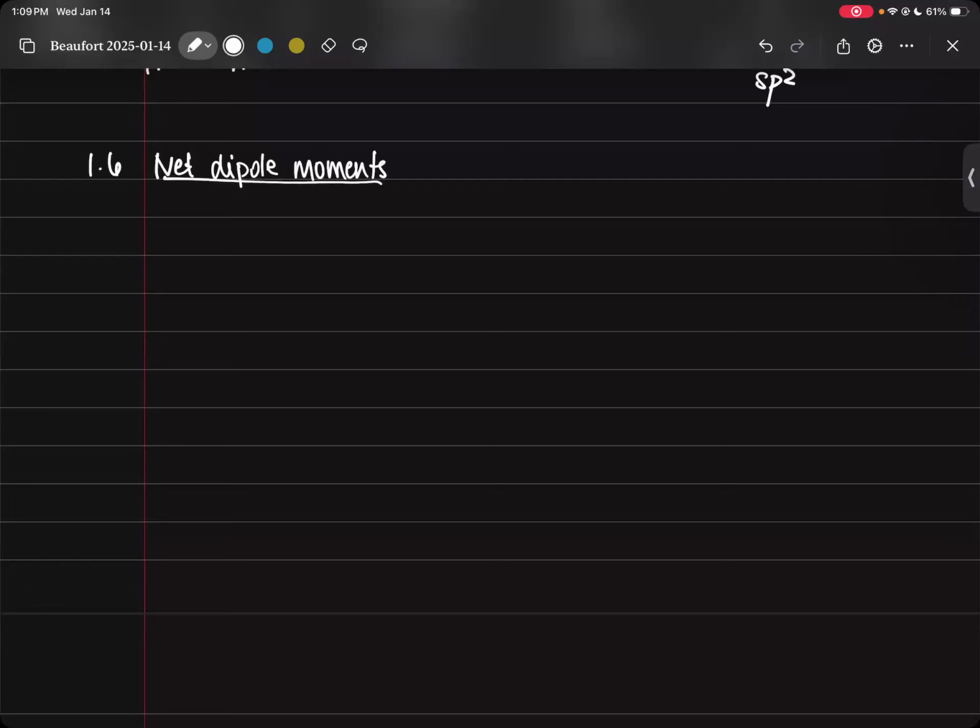One of the advantages of a nice and clean 3D VSEPR drawing is it allows us to see the polarity of molecules. So let's remember from last time our induction arrows.